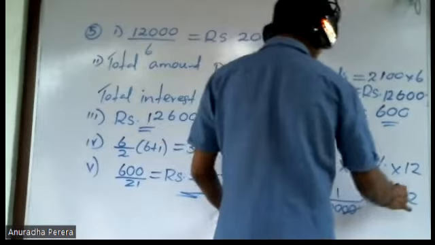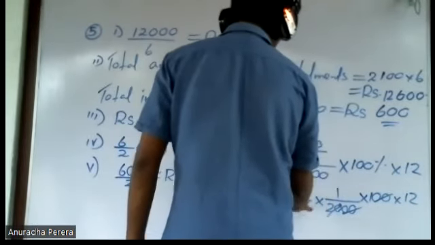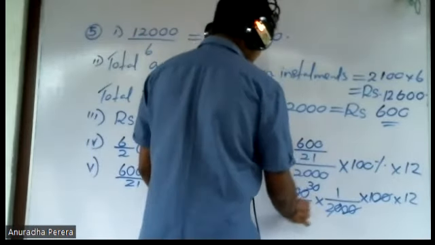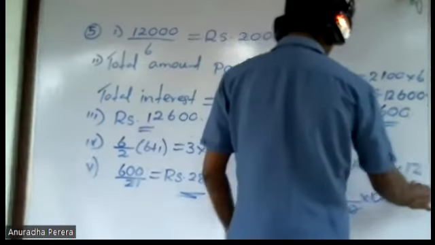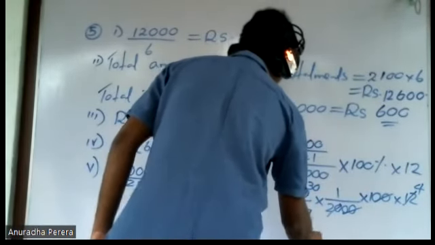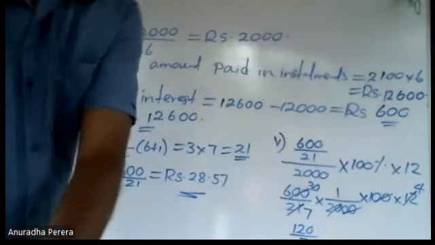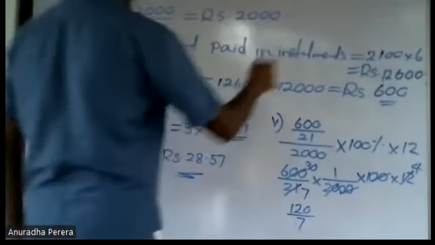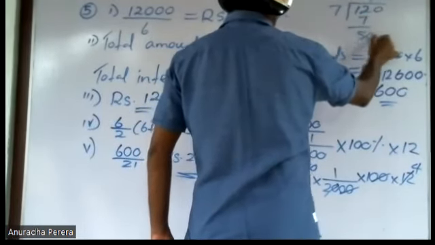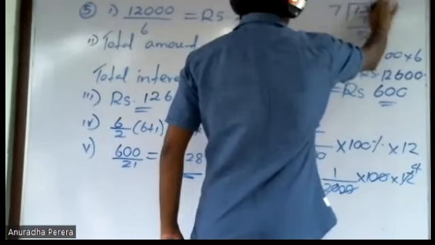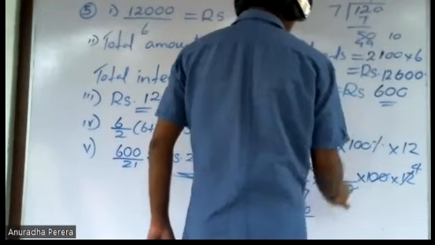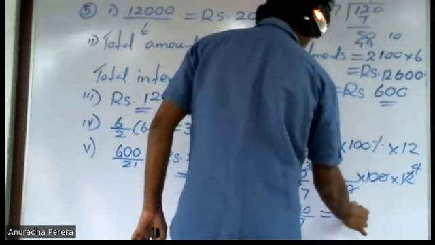Simplify. 30, 7, 4. Is it 17.14? Yes, sir.